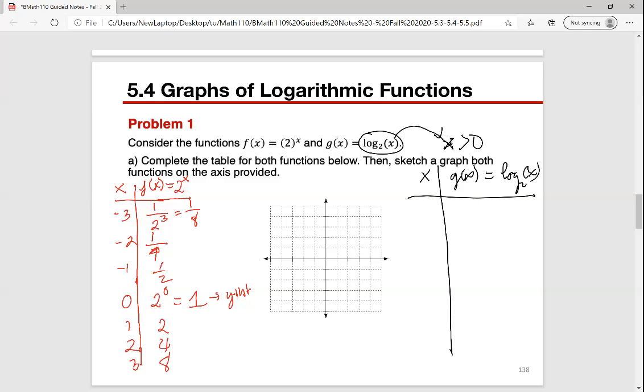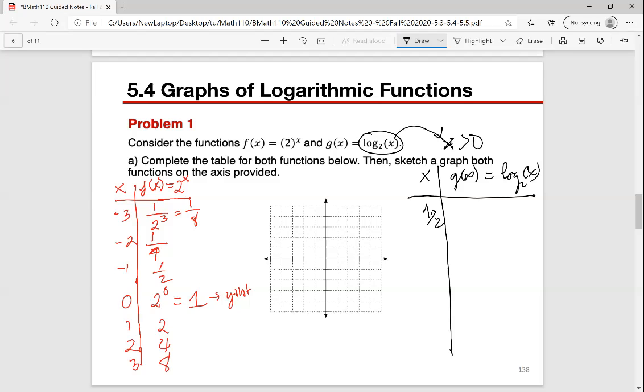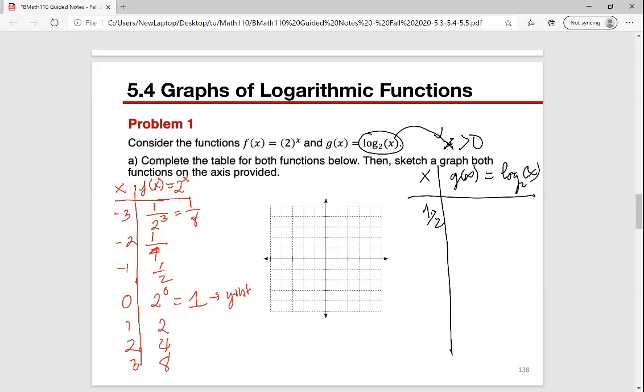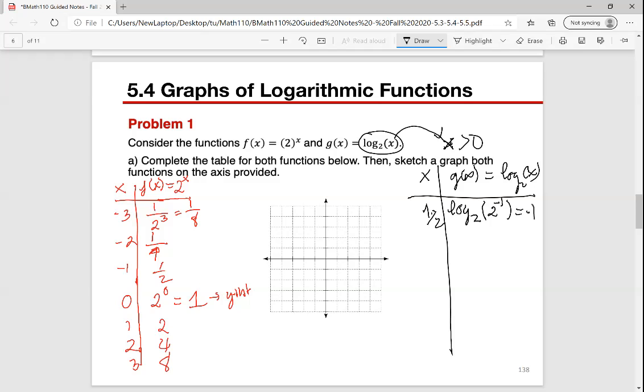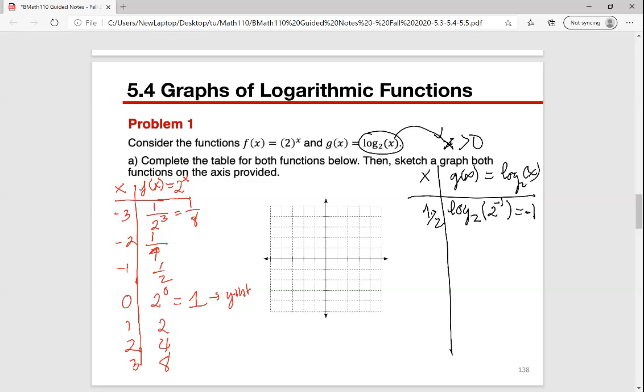Okay, so I have to say here is 1, or maybe I do 1/2 first. Let's see what happens. So I have log base 2 of 1/2. 1/2 I can rewrite as 2 to the power negative 1, so that becomes negative 1 only. See that? I'm trying to make nice numbers.